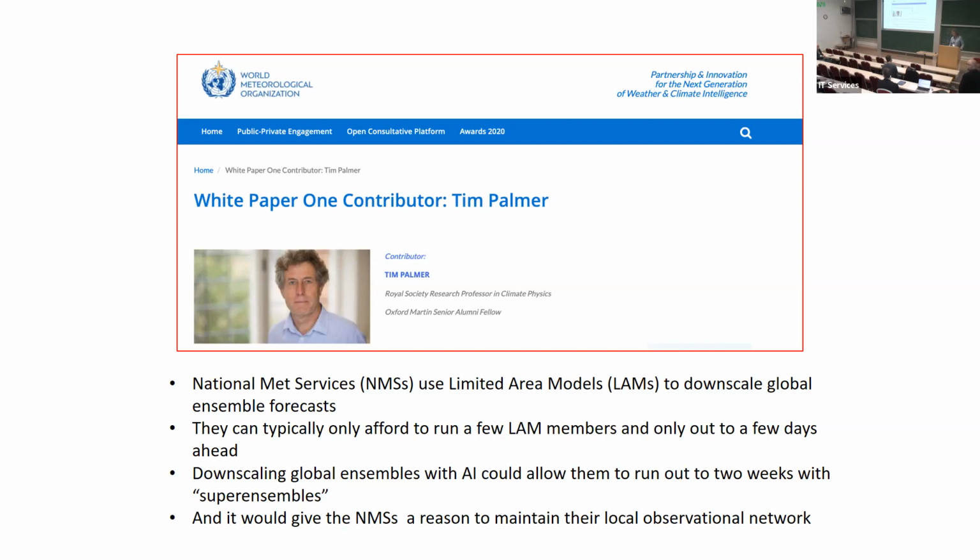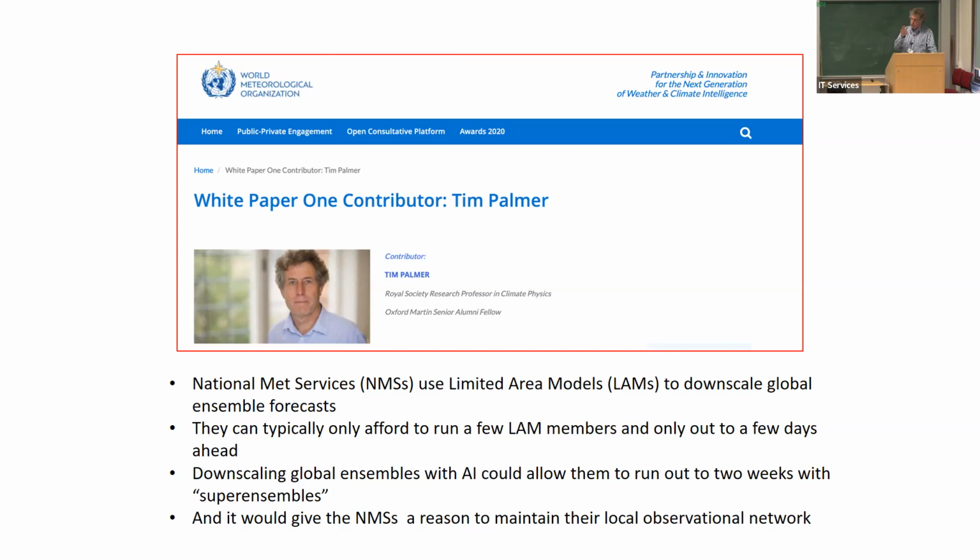Yes, but the problem is we're not talking about a linear improvement, or linear reduction in error, as the resolution improves. I mentioned that once you get down to a kilometre or so, you can start to resolve, which basically means represent with the laws of physics, processes which are otherwise parameterized.